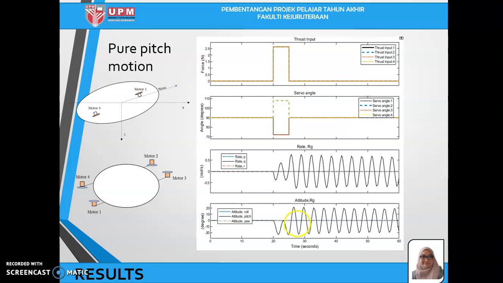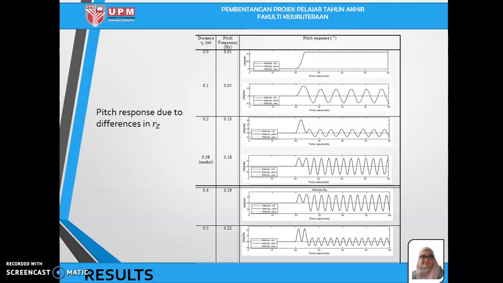The pitching moment also is unstable due to the pendulum stability, the difference in COB and CG. And you can see the difference from 0 meter towards 0.5 meter.